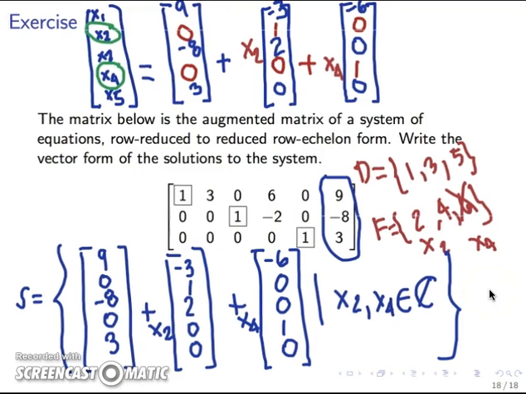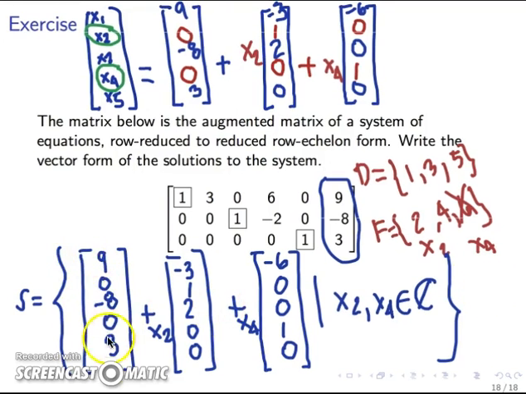So in summary, we can write the solution set as a fixed vector plus a linear combination with 2 vectors, with 2 scalar multiplications in that linear combination. x2 and x4 are the scalars in that linear combination, so we write this fixed vector plus each of those vectors multiplied by x2 and x4 respectively.